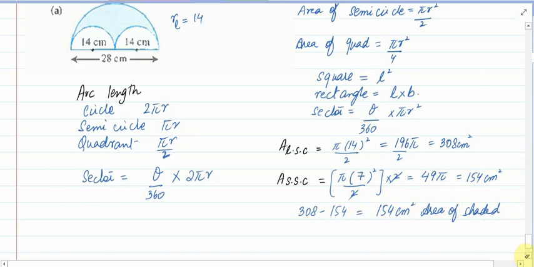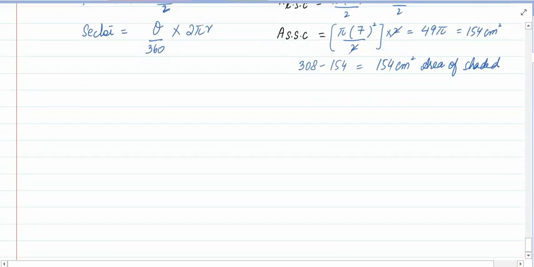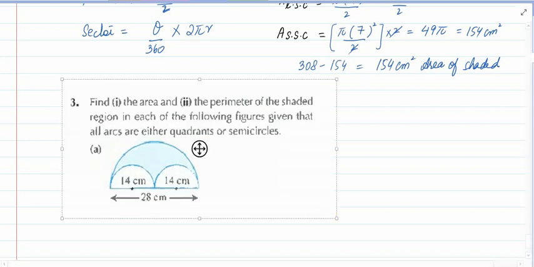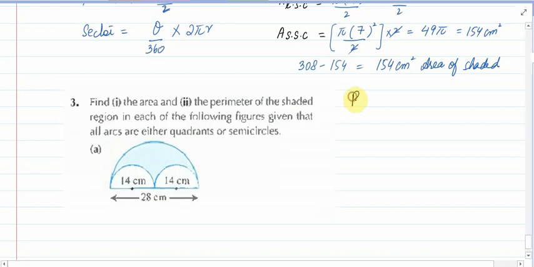Now after that you need to find the perimeter. For perimeter, first let me paste the figure again so I can explain better. Now stick with me on this. Perimeter is the sum of all sides.